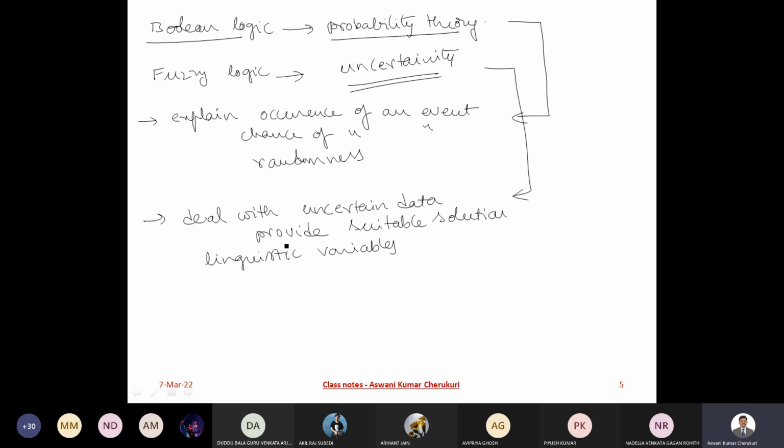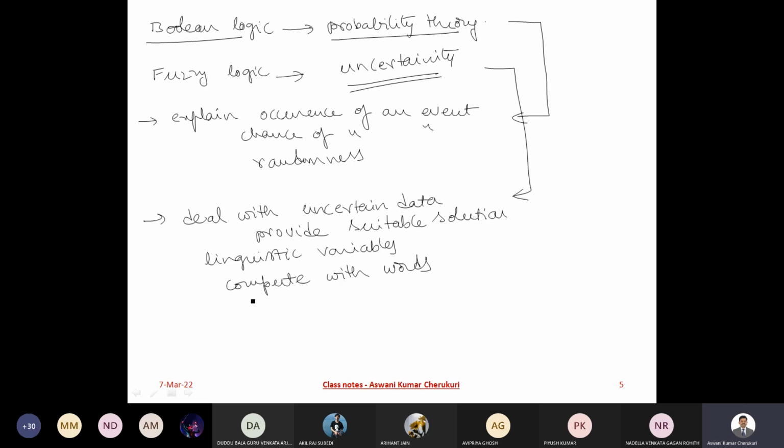What are linguistic variables? Look at the example we have seen: tall, very tall. These are all various linguistic variables, right? So you are defining the sets based on linguistic variables, in the sense that fuzzy logic provides you the opportunity to compute with words. Okay, you are able to compute with words.